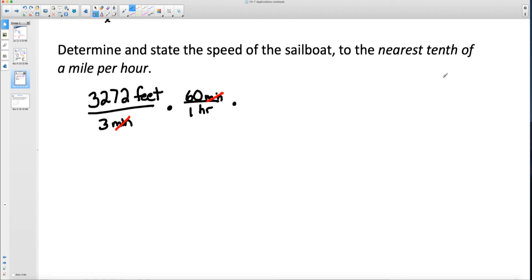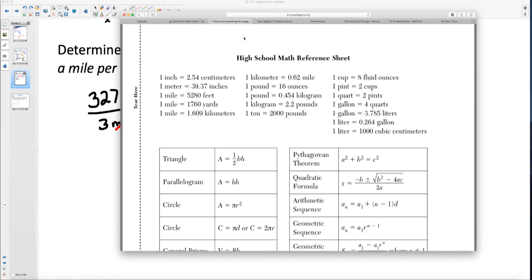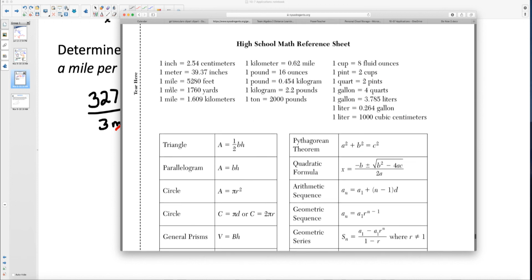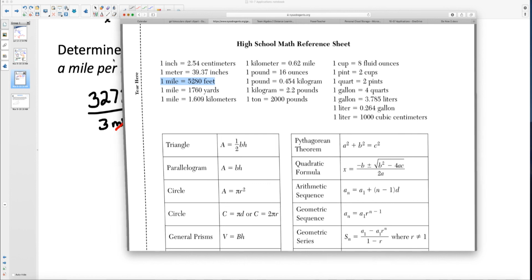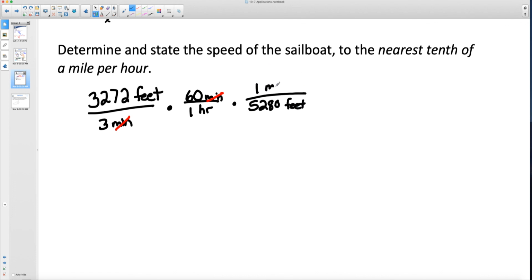So we're going to multiply by, if we go back to that reference sheet, we're looking at this one right here. 1 mile is 5,280 feet. I want the units of feet to cross out, so I'm going to put 5,280 feet down here, and that's equivalent to 1 mile. Again, that will allow us to cross out these units, and we're left with just miles per hour.